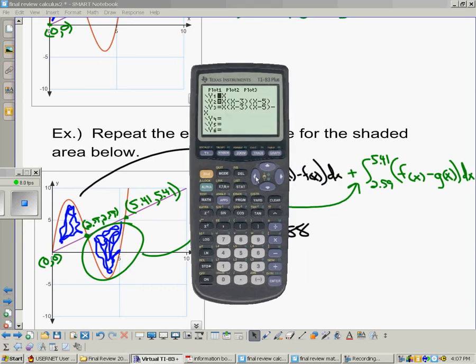Okay, so I'll turn off all my other graphs. f(x) was just x, minus g(x), which was x(x - 3)(x - 5). Okay. So this is sort of the missing piece of the puzzle, the part that's in green on the notes here. I want the integral from 2.59 to 5.41.